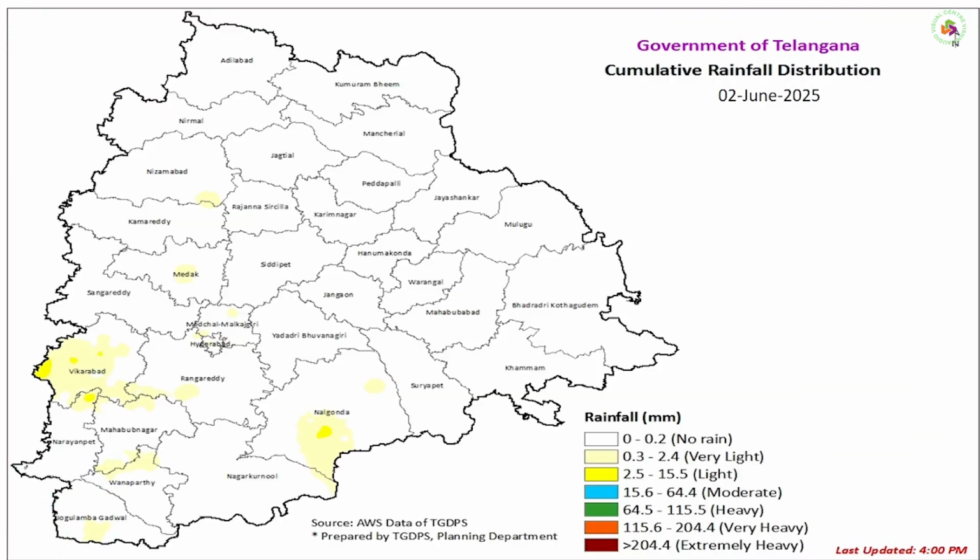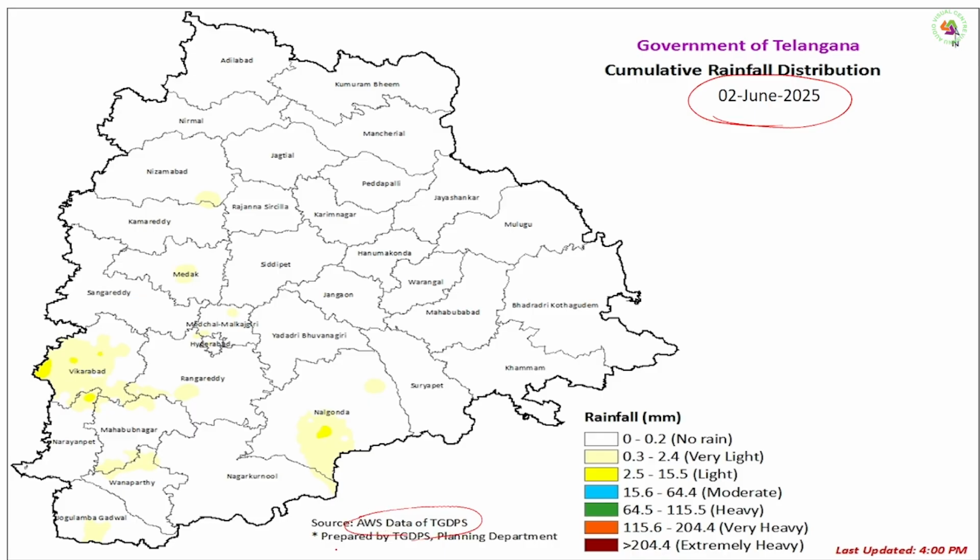Then this is one particular day, 2nd June, and how the cumulative rainfall is. They did this based on automatic weather station data. AWS data means automatic weather station data.